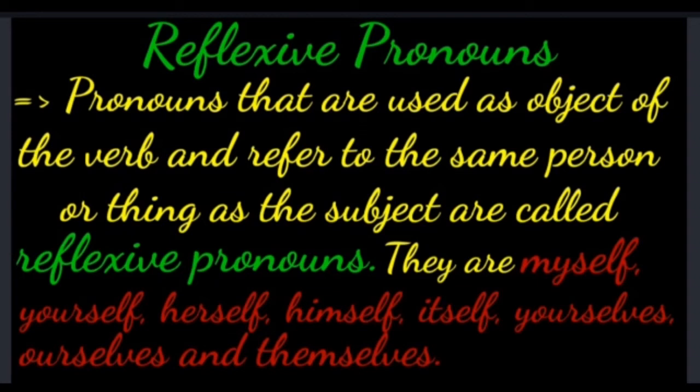Reflexive pronouns. Pronouns that are used as object of the verb and refer to the same person or thing as the subject are called reflexive pronouns. They are myself, yourself, herself, himself, itself, yourselves, ourselves and themselves.